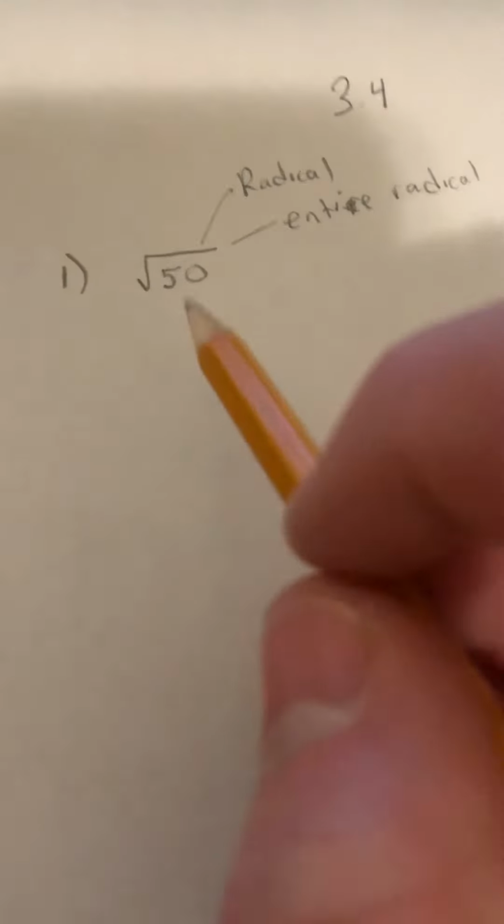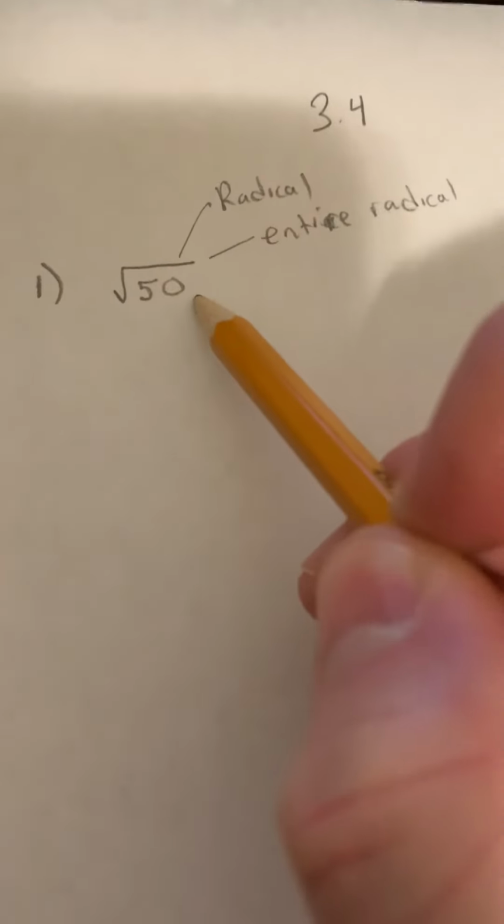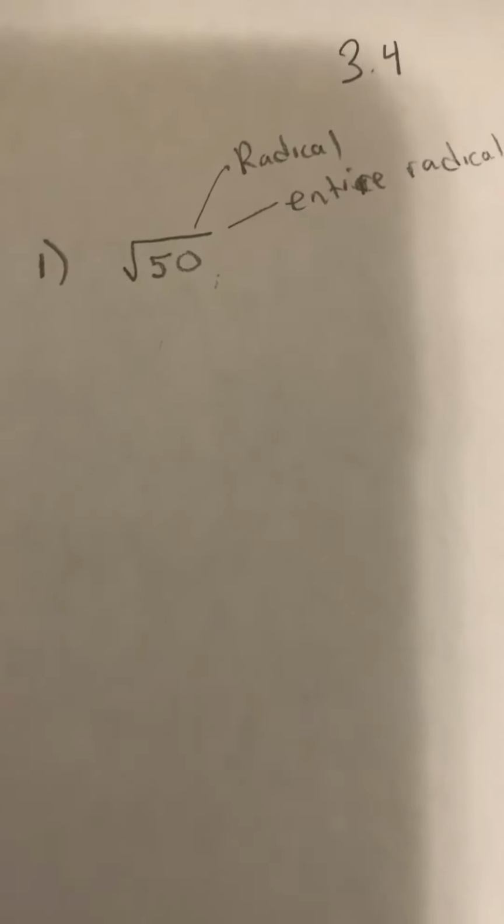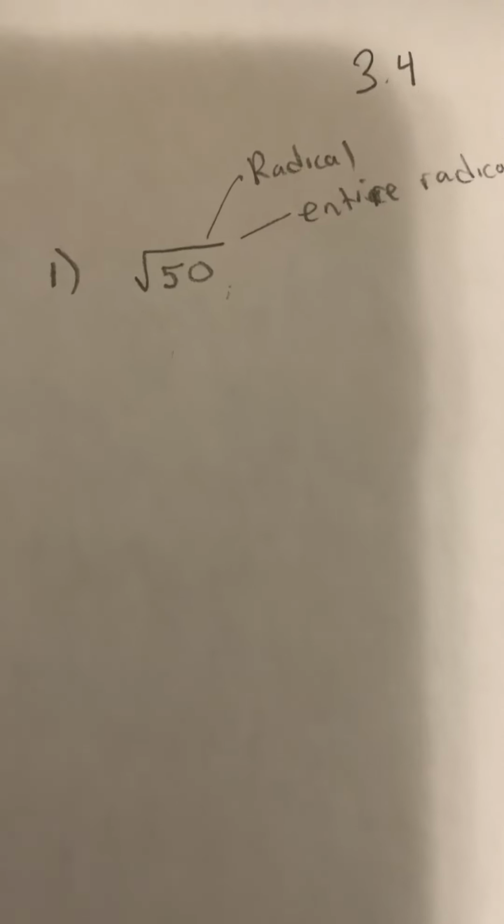So this is how it works. We have the square root of 50 here. If you were to square root it, you would get a decimal, 7 point something, and we don't want that. What we could do instead is simplify it.